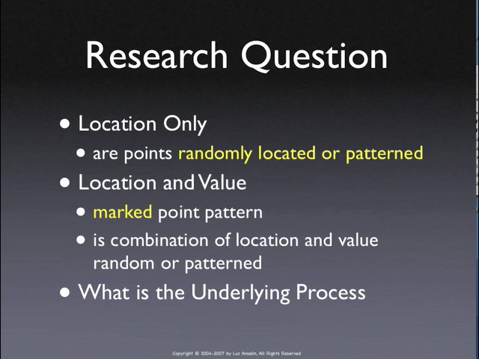And are larger trees together, or are larger trees surrounded by smaller trees, and those kinds of patterns. And so this kind of situation is called a marked point pattern. So you have a regular point pattern, which is just a location, and then when you refer to it as a marked point pattern, then you have a value associated with that location.